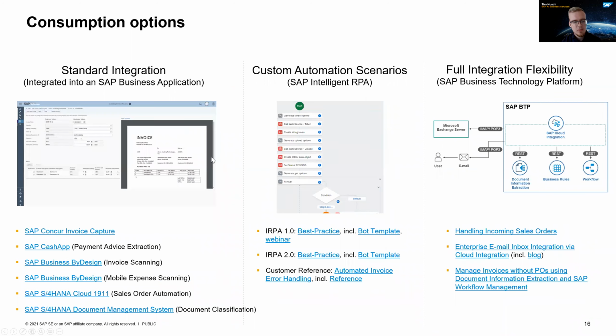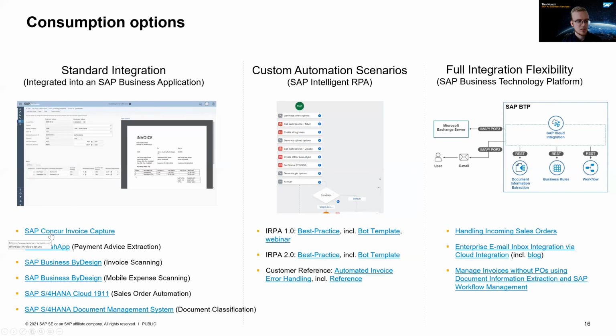Now let's talk a little bit about the different consumption options which we have to really consume our services. So on the left side, we are currently heavily working on natively embedding or integrating our services into standard SAP solutions. So you see here a couple of examples on the left side.